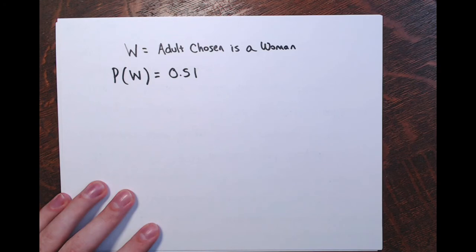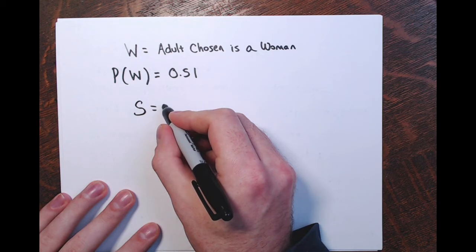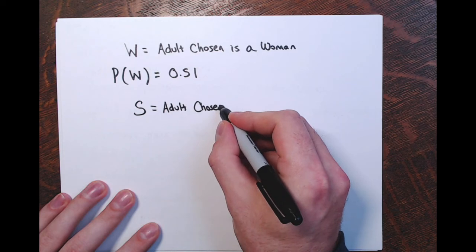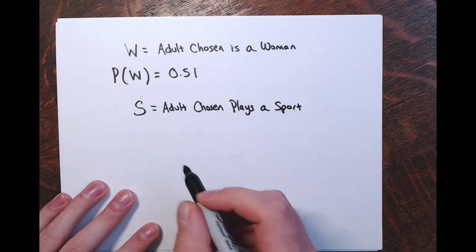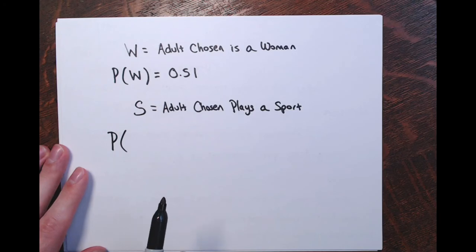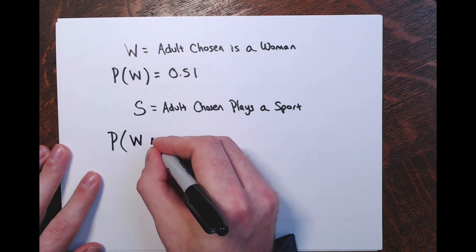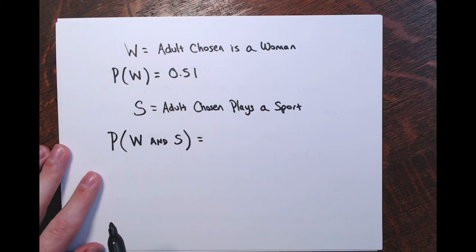The next part of that sentence is, and the probability that a randomly chosen adult is a woman and plays a sport is 8%. So let's say S is adult chosen plays a sport. Now they told us the probability that a randomly chosen adult is a woman and plays a sport, so W and S is 0.08.